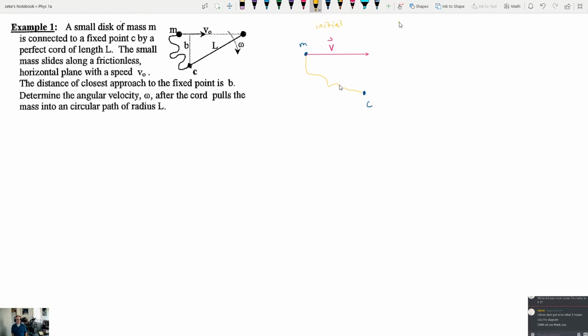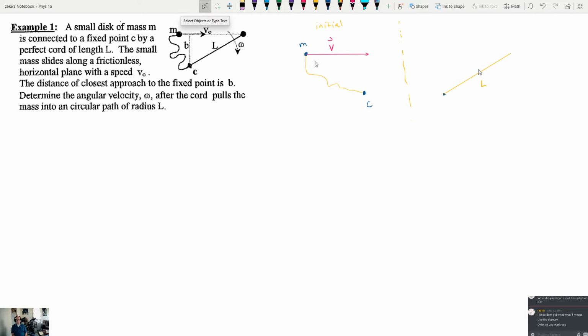And then eventually, the string reaches a maximum length, somewhere like here. The string has a length L, as described in the problem.